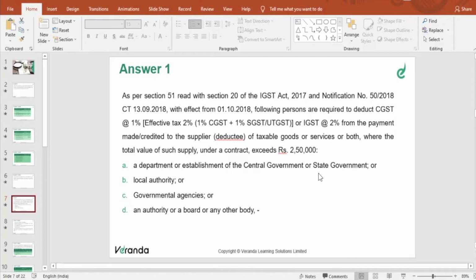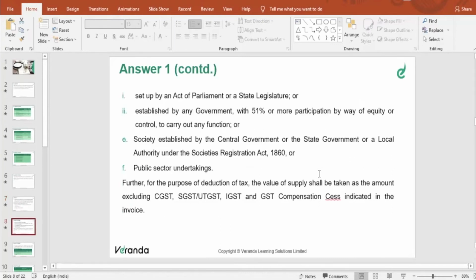All right. Then which are those persons who are notified? That is a department or establishment of the central government or state government, our Andhra Pradesh state government in our example, a local authority, governmental agencies, or any authority or a board or any body set up by an act of parliament or state legislature, or which is established by any government with 51% or more participation by way of equity or control to carry out any function at all.